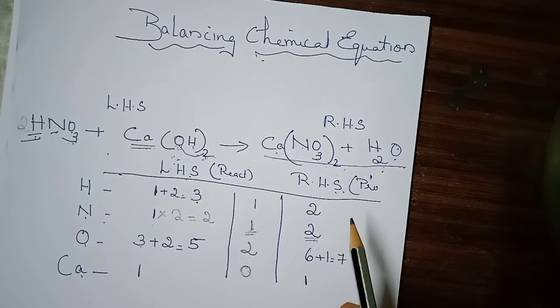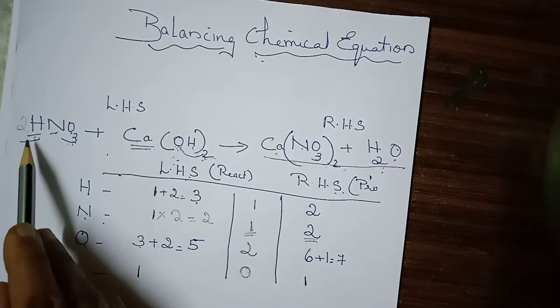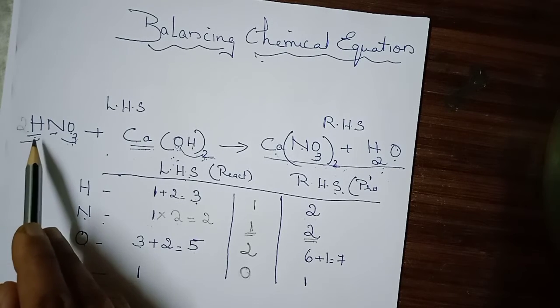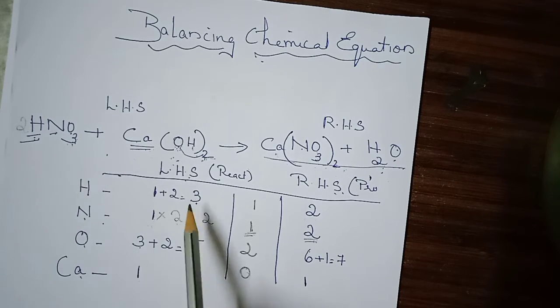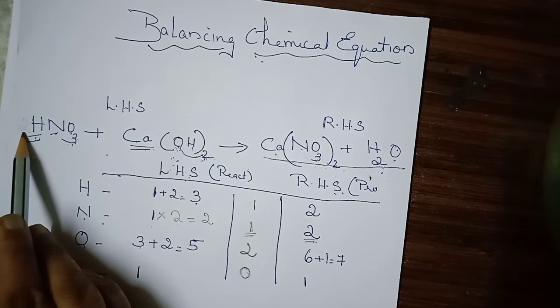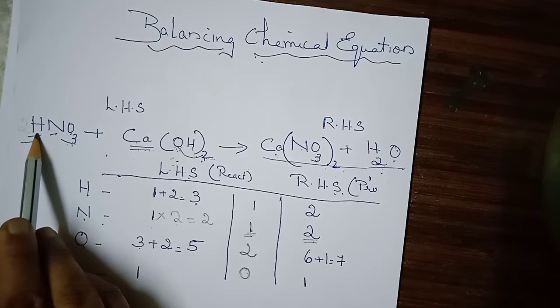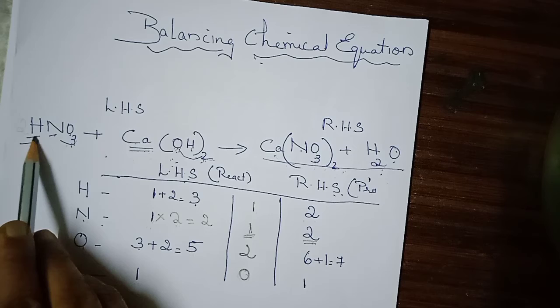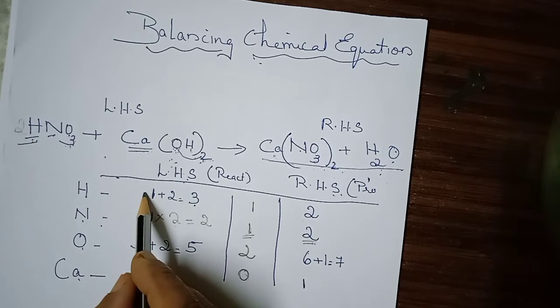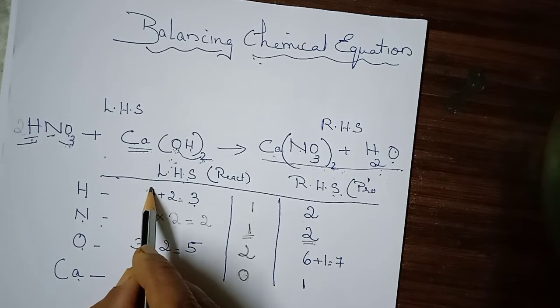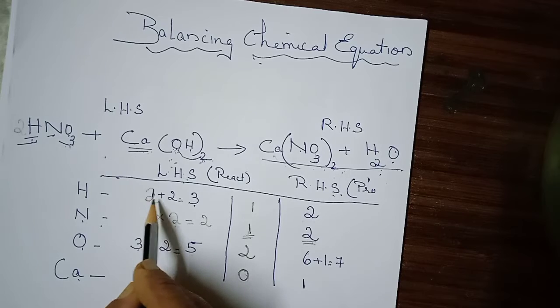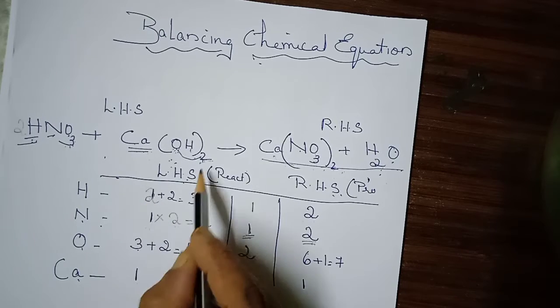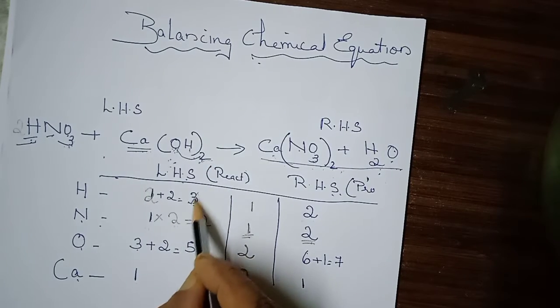Now let us see here. When I put 2 here, hydrogen has become 2, right? So we have to change this 2 here. So 2 plus 2, what is 2 plus 2?